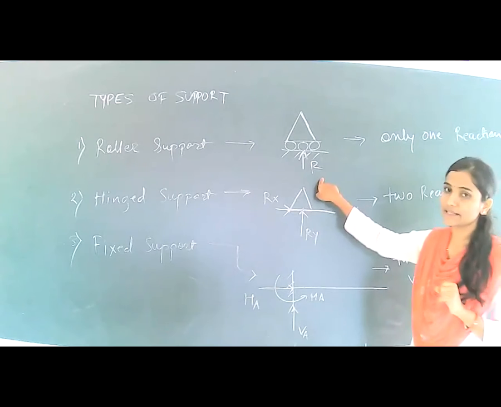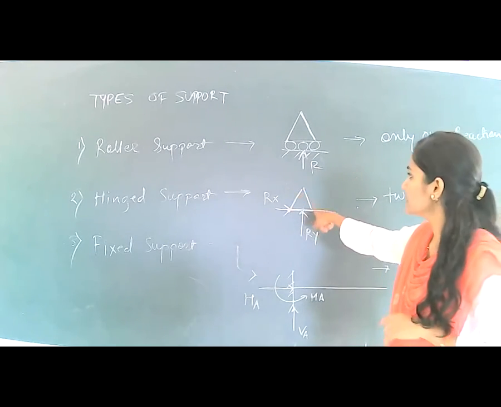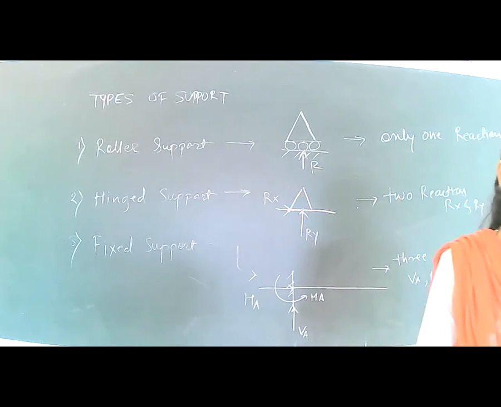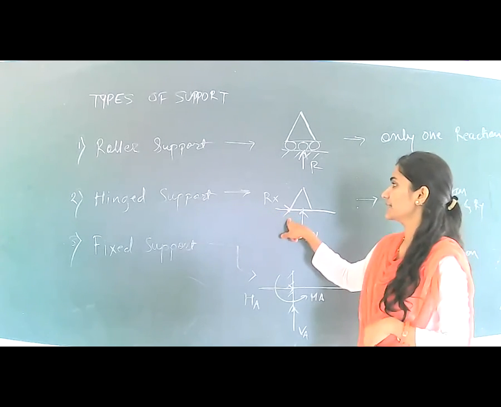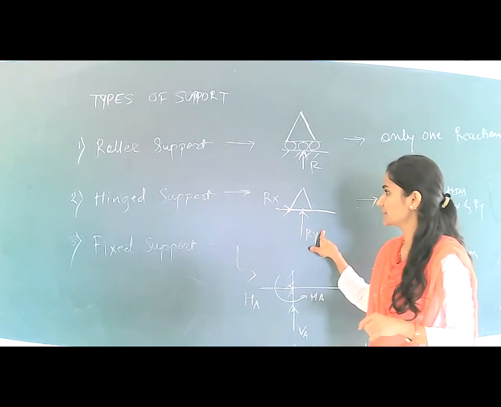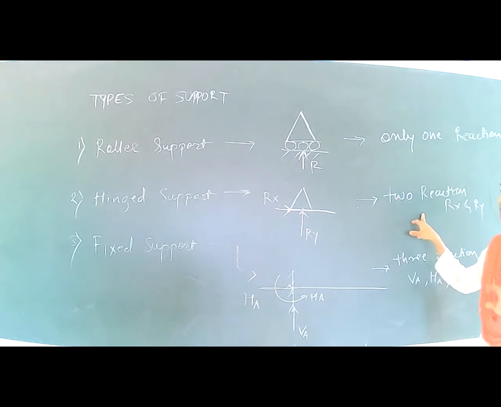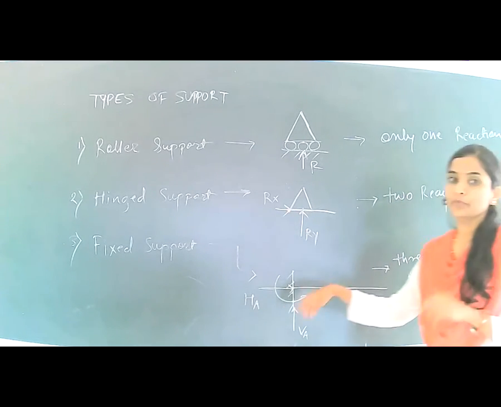Now second is the hinge support. Hinge support restricts movement in the x and y directions. Therefore, two reactions are there: in the x direction Rx and in the y direction Ry.